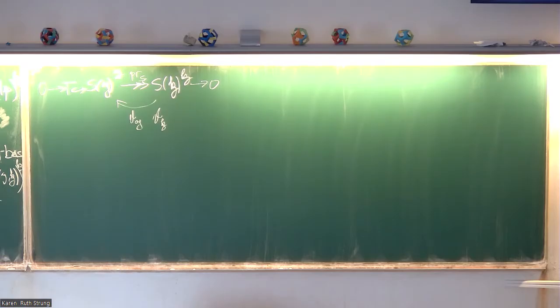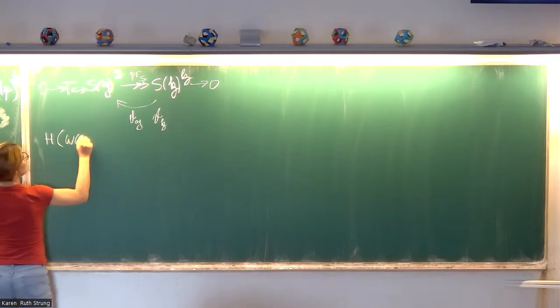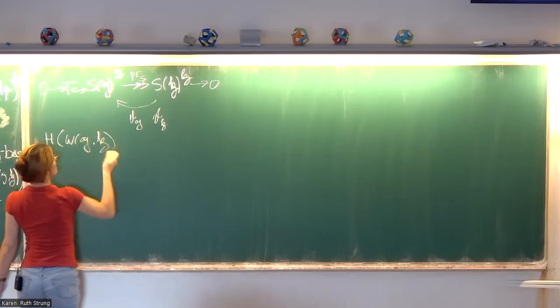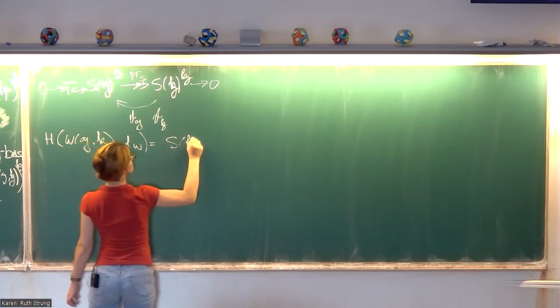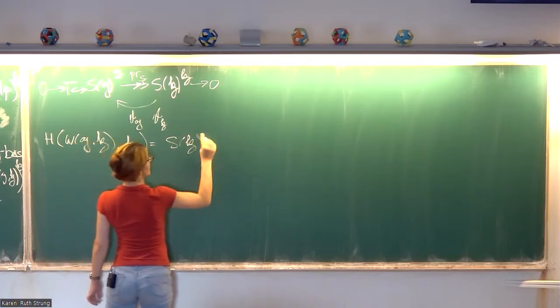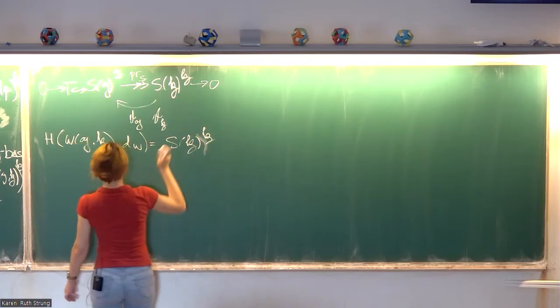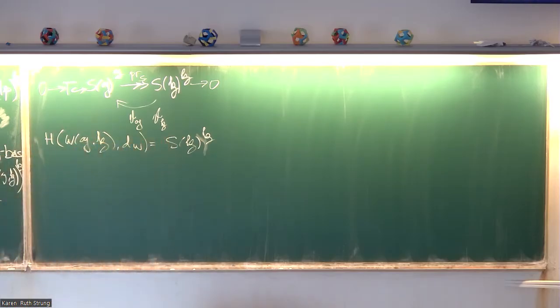Also, let's mention that the cohomology of the relative Weil algebra is equal to S(K)^K, which I also need to define the transgression. So this T will be called the transgression space, and it will be the domain of my map.